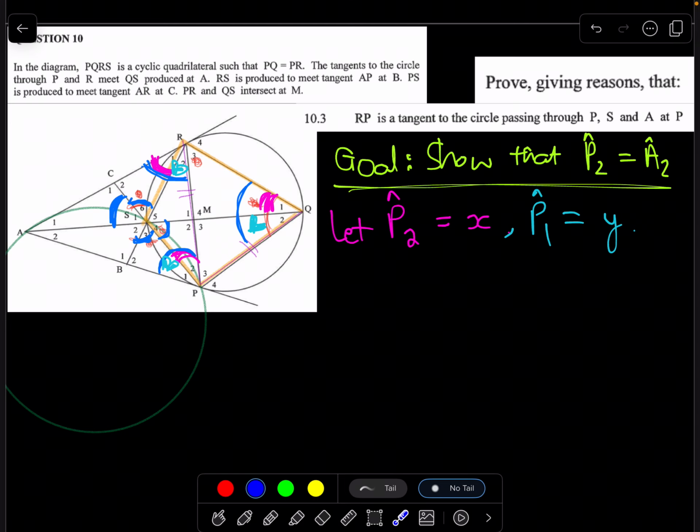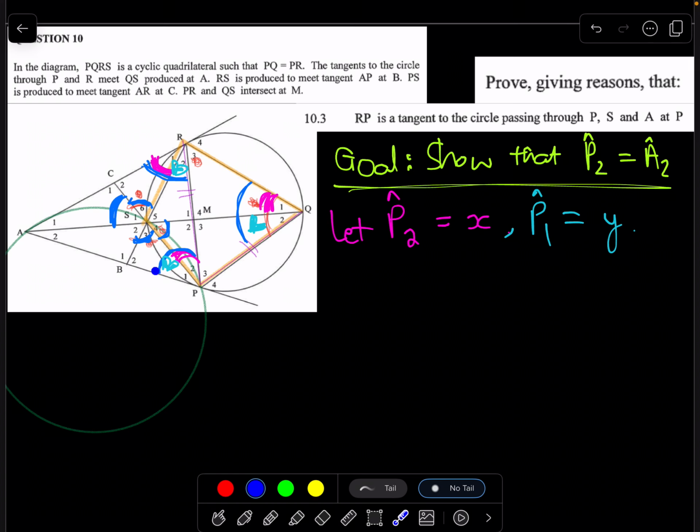So we know that, okay, we need to show that this angle is equal to this angle, so that we can show that these two then also add up to bluey.